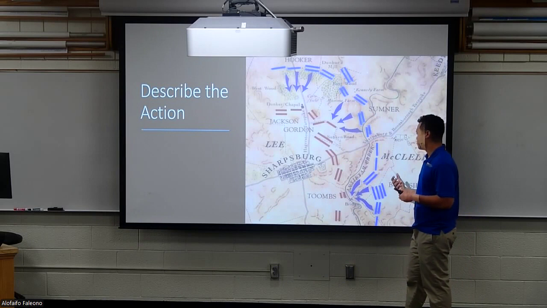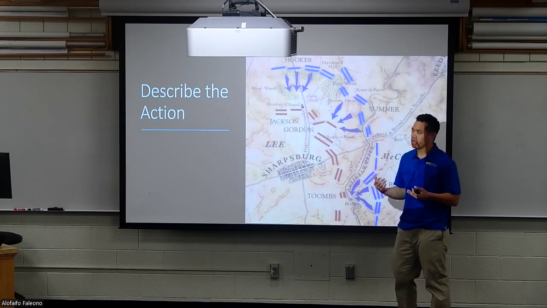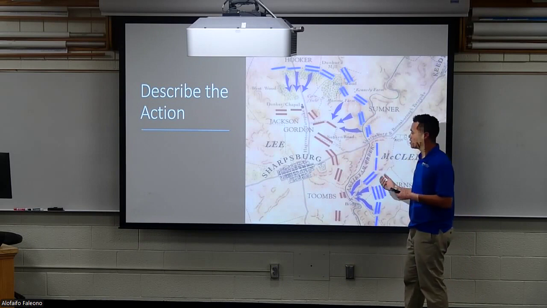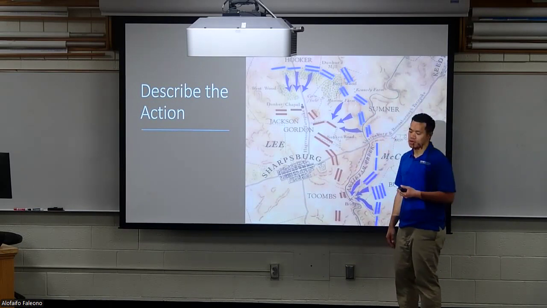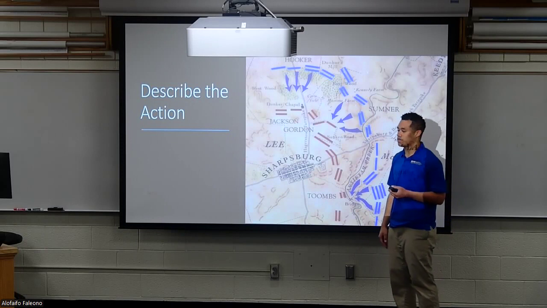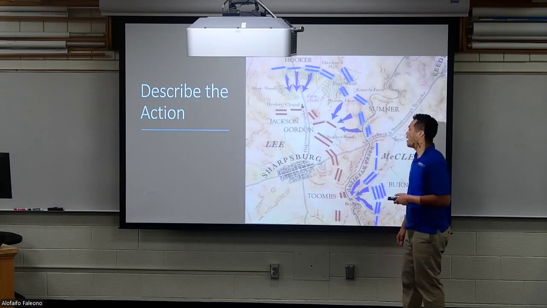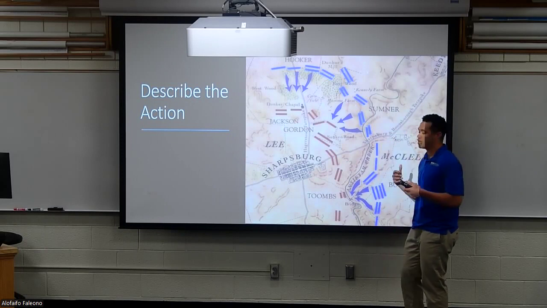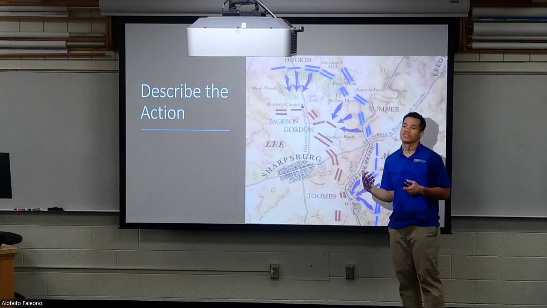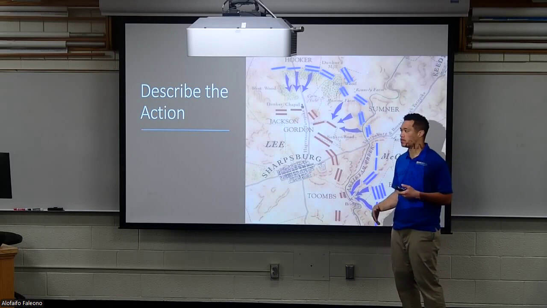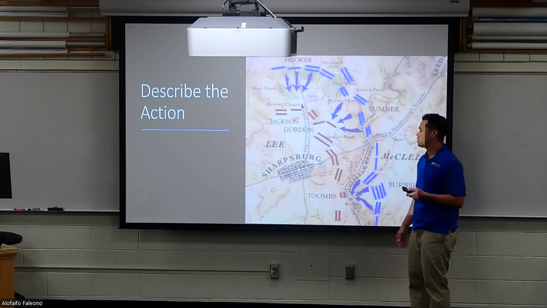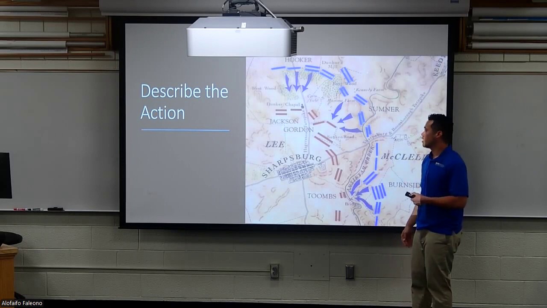The next morning, McClellan pauses, and by stopping the attack, this allows Lee to escape across the Potomac River back into Virginia. McClellan ends up not accomplishing his mission, which is to destroy Lee's forces and hopefully lead to an end of this conflict.